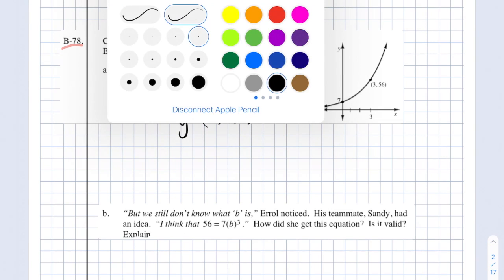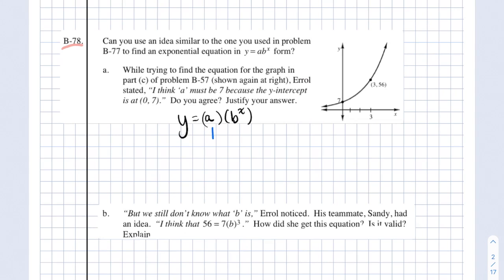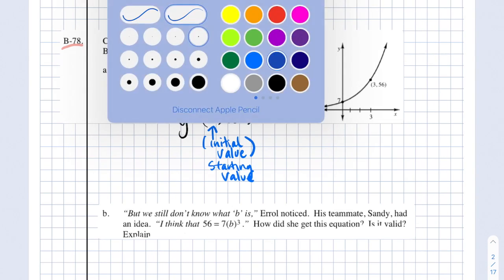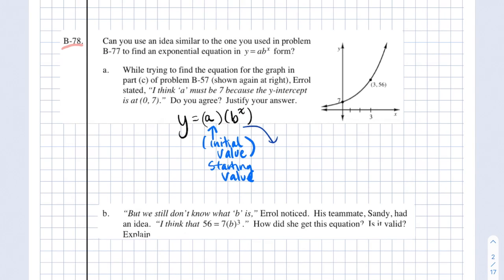And if we go back to Algebra 1, do you remember what the a represented? It was the initial value or starting value. And the b was your multiplier.